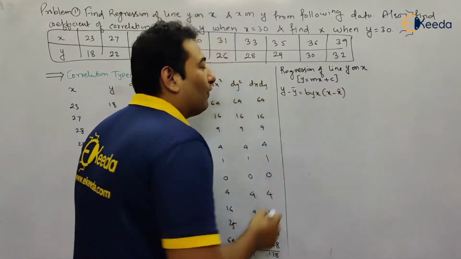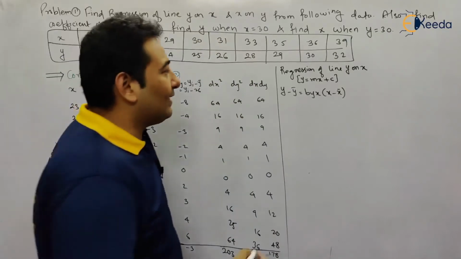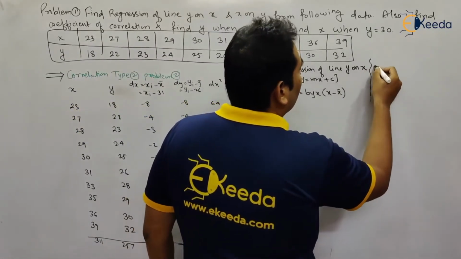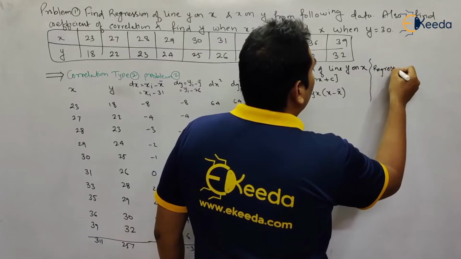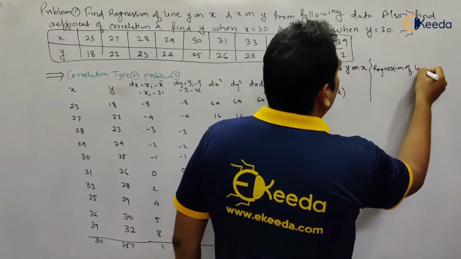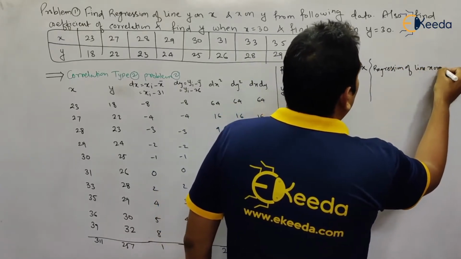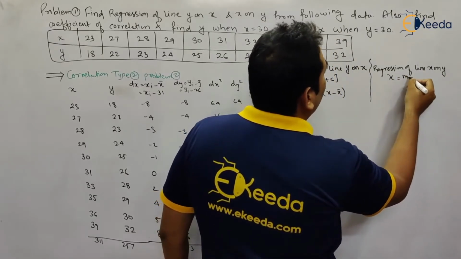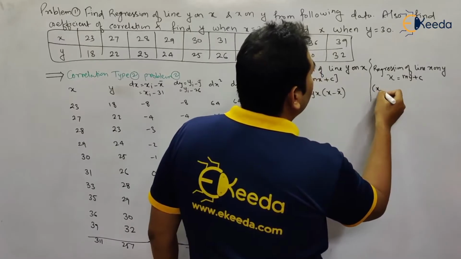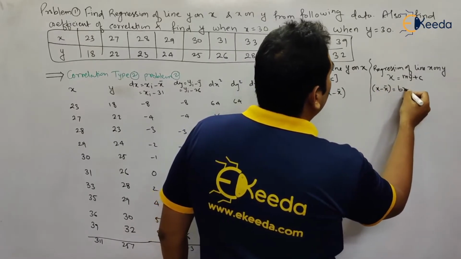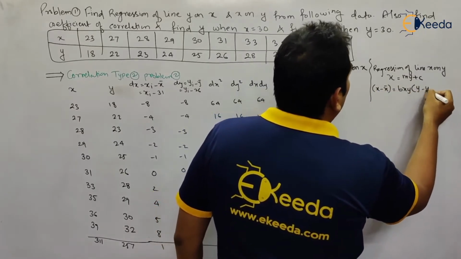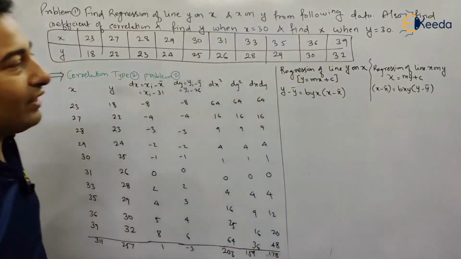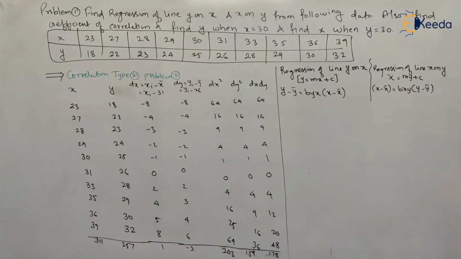This is your regression line of y on x. The regression line of x on y is in the format x equals my plus c, that is x minus x bar equals bxy times (y minus y bar). So this is your regression line of x on y.